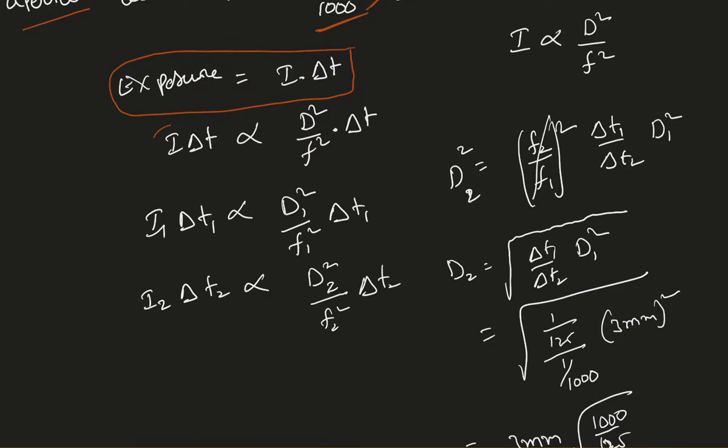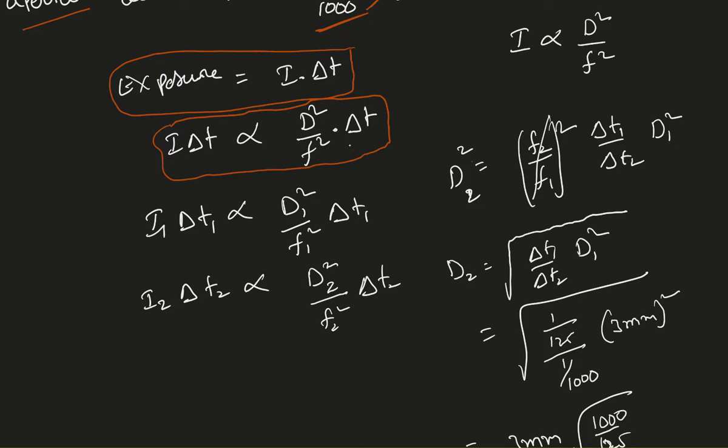So I times delta t is proportional to d squared over f squared times delta t. For the two conditions, d1 and d2, d2 squared, the new hole size, equals f2 over f1 squared, times delta t1 over delta t2, times d1 squared.